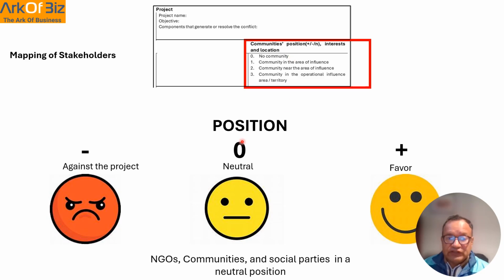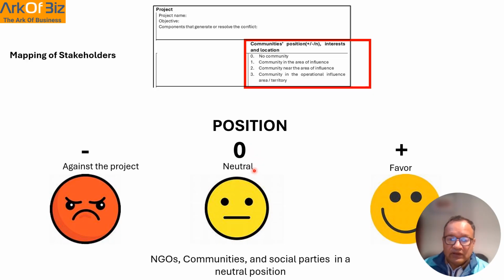Let's start with positions. We have a negative sign for communities against the projects, 0 sign value for neutral position, and a positive sign for communities in favor of the project. Here we use 0 value for stakeholders in a neutral position, stakeholders such as NGOs, communities, and other social actors.